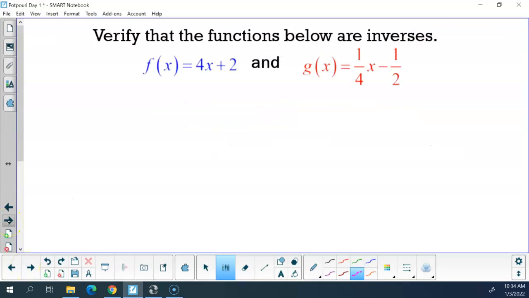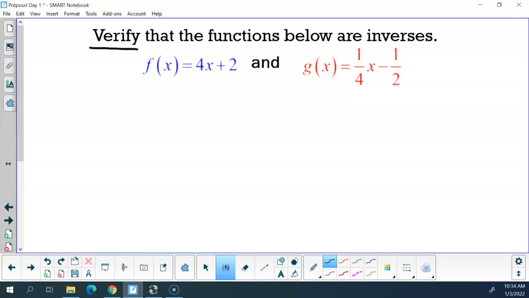Now, these are the two functions we just made. Or this is the function that we had, and then we found the inverse of it from the first example. With me? Okay? Now it says, I would like you to verify that the functions are truly inverses. So we got to prove that they are inverses.